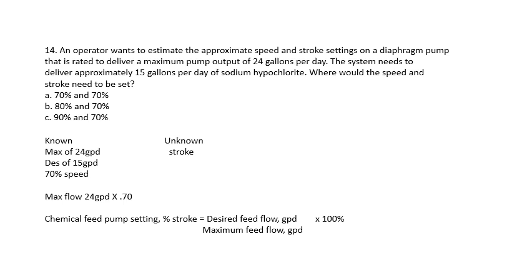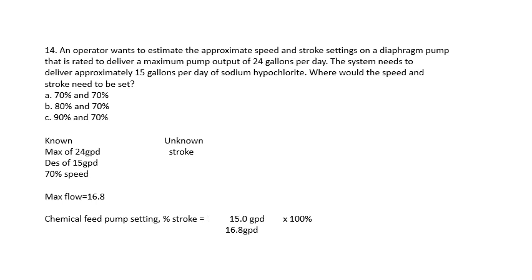Because our answer already has the speed set at 70%, we need to multiply the max flow of 24 gallons per day times 0.7, because you're only going to get 70% of that max flow, which is 16.8 gallons per day. Now we're going to plug in our desired feed divided by our maximum feed.